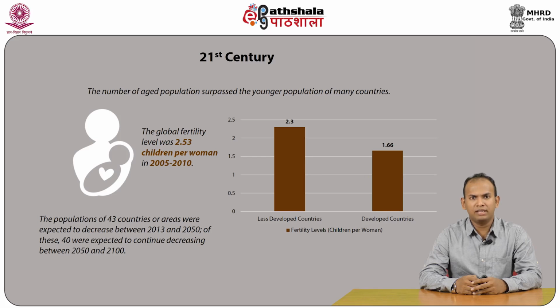The global fertility level was 2.53 children per woman in 2005 to 2010. The developed region had a fertility level of 1.66 children per woman in the same time period. The 49 LDCs, that is least developed countries, at the time continued to have the fastest growing population in the world, at 2.3% per year.